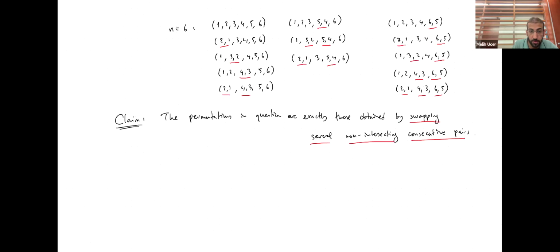So in other words, we can say we have indices I1, I2, let's say IL, with difference between them at least 2. Let me actually write it better.